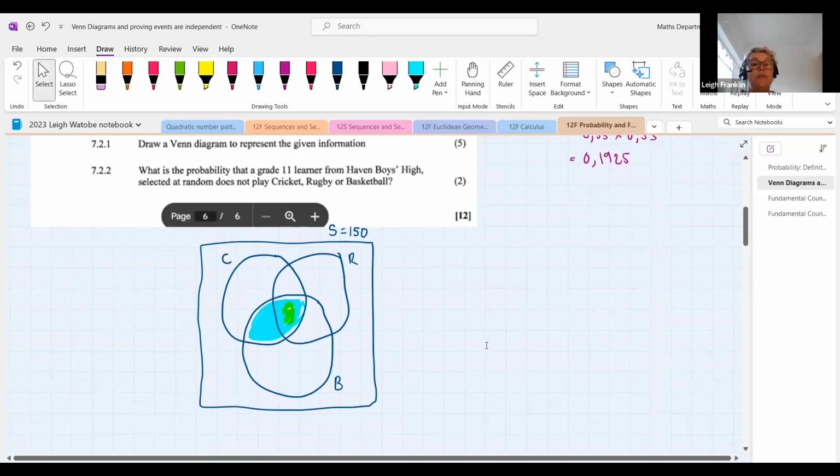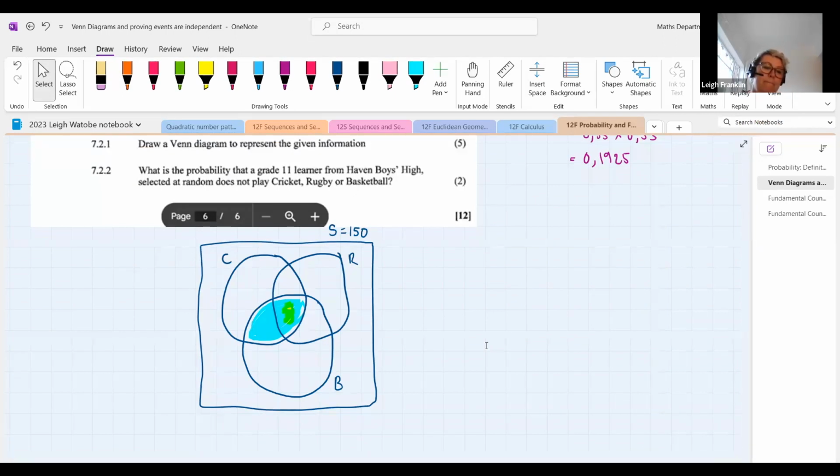The turquoise blue, what would you call that? Good. Okay, just stay on mute, please. That's well done. So cricket and basketball.